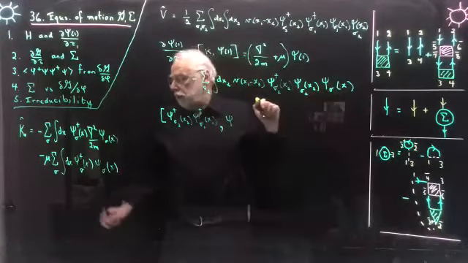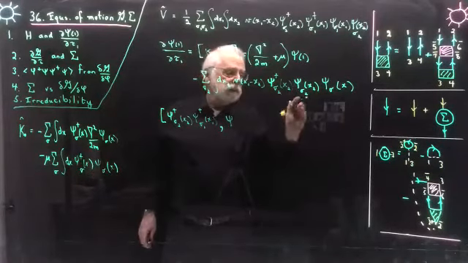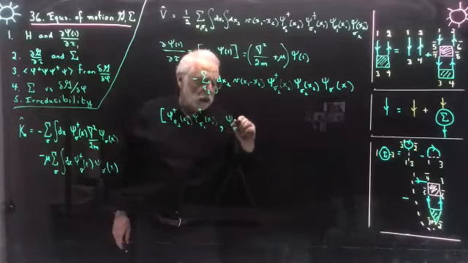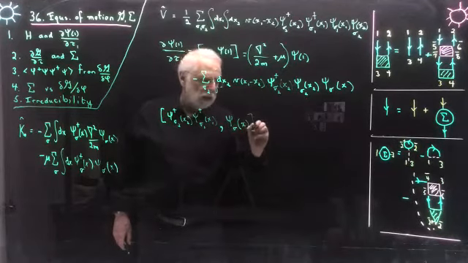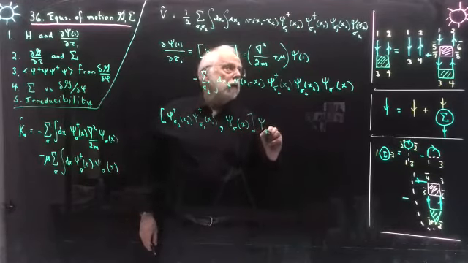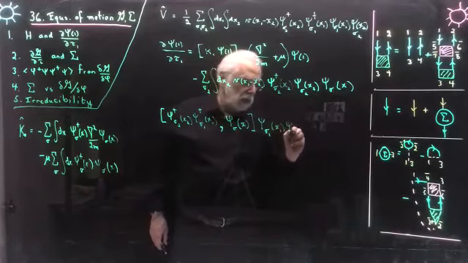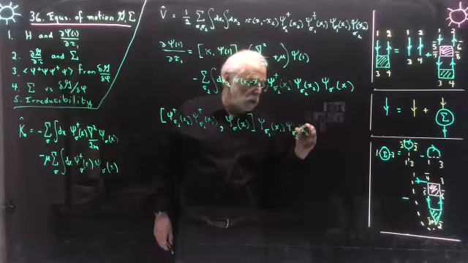There's no 1 here. Psi sigma x. It will become 1 in a second. Psi of x. And here I have psi sigma 1 of x1 psi of sigma 2 times x2.